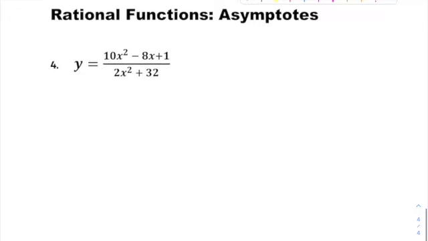So our last example here is just kind of putting a few different things together. We've really just seen all of the possibilities for the horizontal asymptote. We've seen when the numerator is bigger than the denominator, there's no horizontal asymptote. If the denominator is bigger, it's automatically y equals 0.